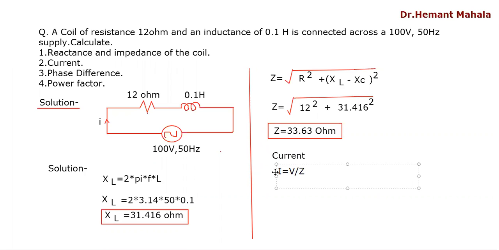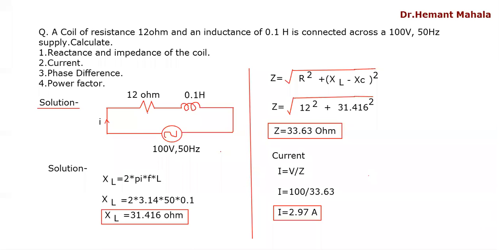So I is equal to, V is 100 volt and Z is 33.63. The value came out to be 2.97 amperes. So it is our next answer.